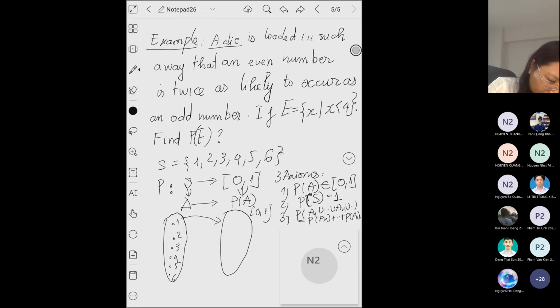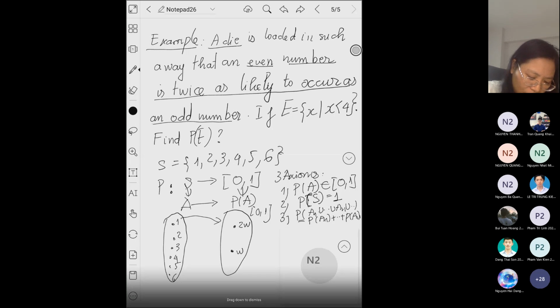The even number is twice as likely to occur as an odd number. We assume that here is W for odd and here is 2W for even. All the odd numbers have the same probability. As 2, 4, and 6 are even, each is twice the odd. Even numbers are twice as likely to occur as odd numbers.